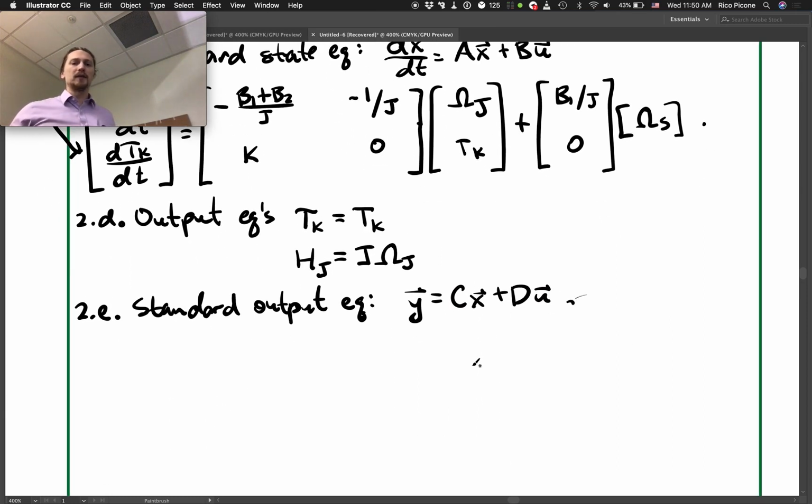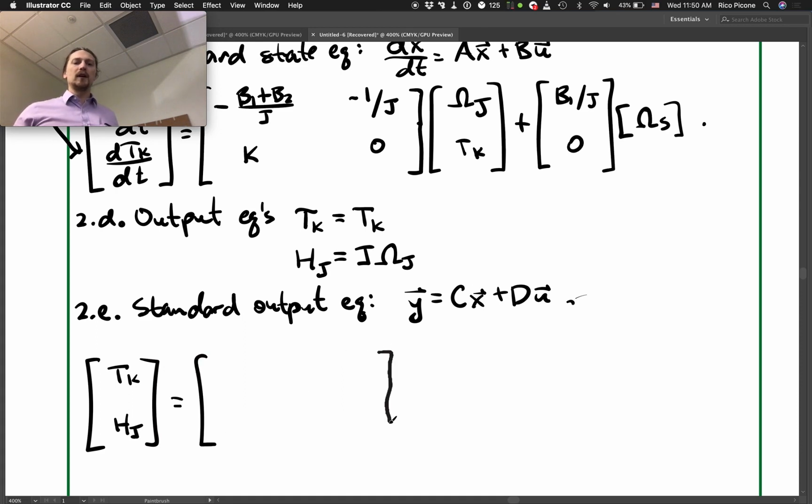In our specific case, we can rewrite our y vector: Tk and HJ equals the C matrix, which returns a 2 vector, operating on the state vector x, a 2 vector, omega J and Tk.